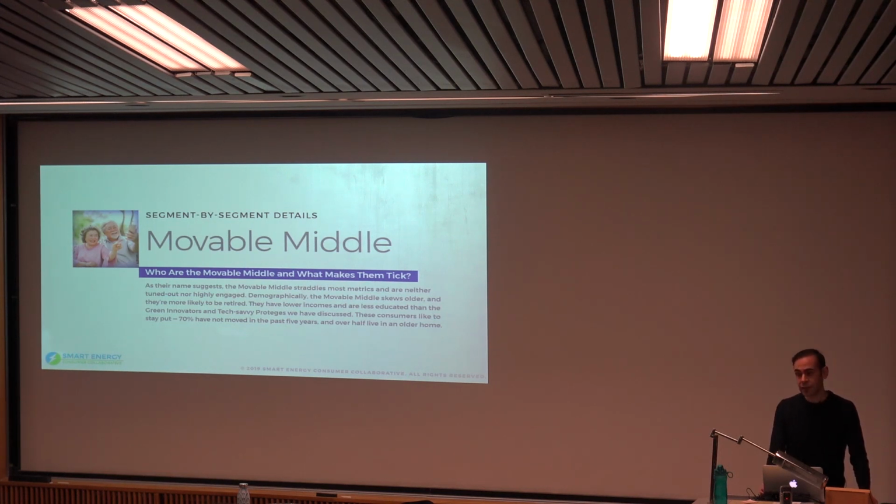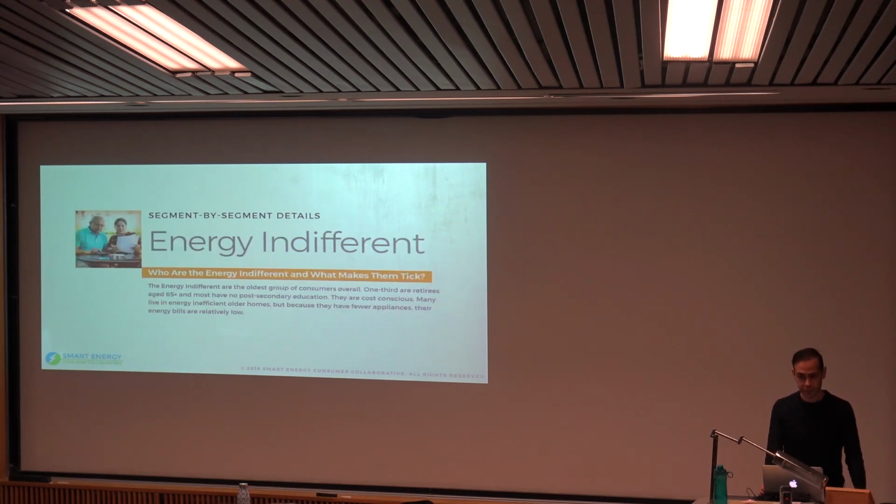And then the last category, the most complicated one, is the energy indifferent. The energy indifferent, they don't care. You try to convince them, and they say, you know what, we just don't care about energy savings. Some of them are climate change deniers, right? So it's very hard to make them change their behavior.